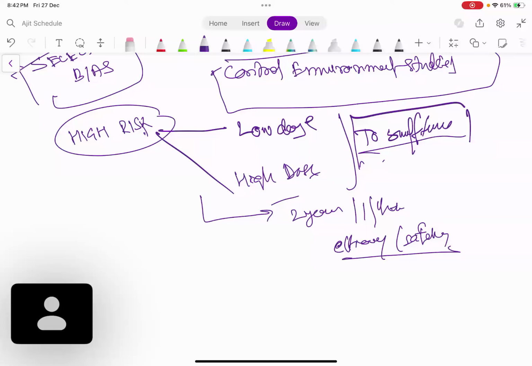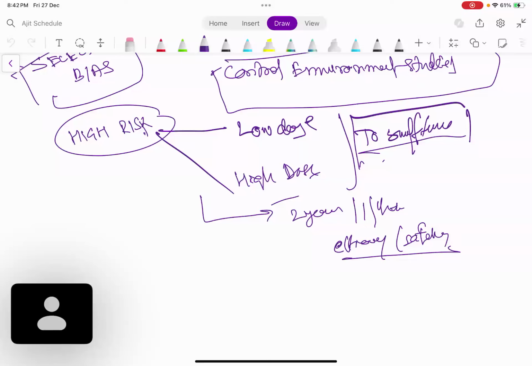Now the second thing is you can do a cohort study when you are just observing. In a randomized control trial you are intervening, and if you want to just do an observational study, you can do a cohort study.